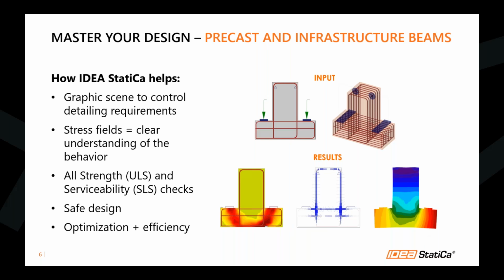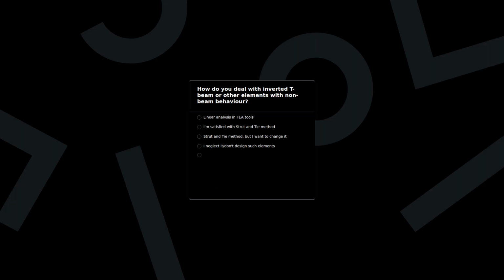So before we proceed with the actual demo, I prepared a poll that I would like to run. So now you should see the poll, and the question is, I'm interested in knowing how you deal with inverted T-beams or other elements with non-beam behavior. I'm talking about discontinuity regions.